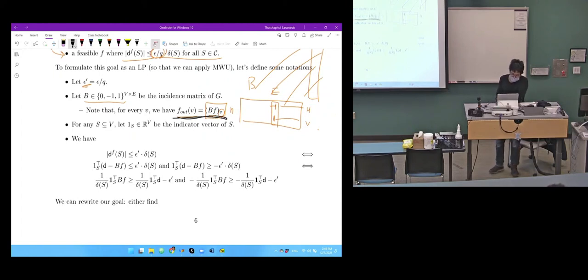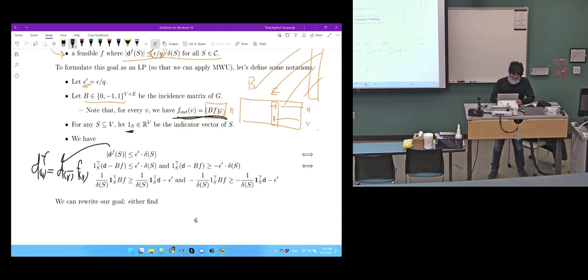And now let's write the indicator vector 1 of S. Now you can see that the constraint here can be written in this way. Df is nothing but d minus f, right, for every node here.